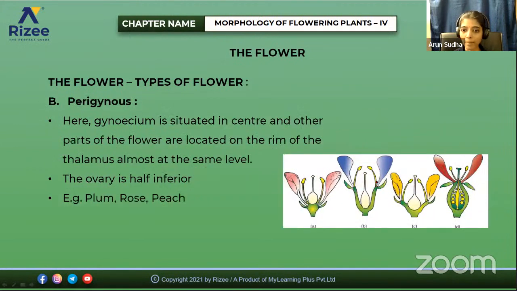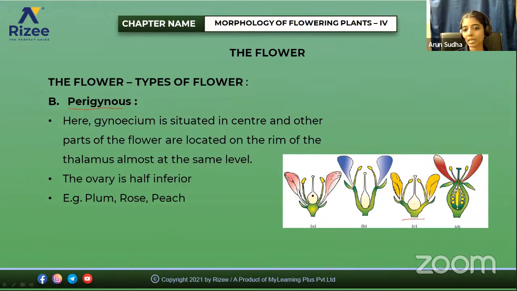Then next is the perigynous. What do we mean by perigynous? Here the gynoecium is situated in the center. For example, if you see here, the gynoecium is in the center and the other parts of the flower are located on the rim of the thalamus, almost at the same level. That is, the gynoecium and other whorls are almost equal.